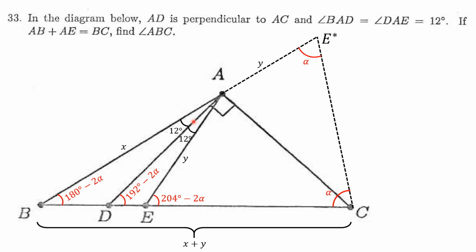Well, if this angle is 90 degrees and this angle is 12 degrees, this angle has to be 78 degrees, right? This angle is also 78 degrees, right? Because you have 12 plus 90 plus 78, which has to add up to 180.